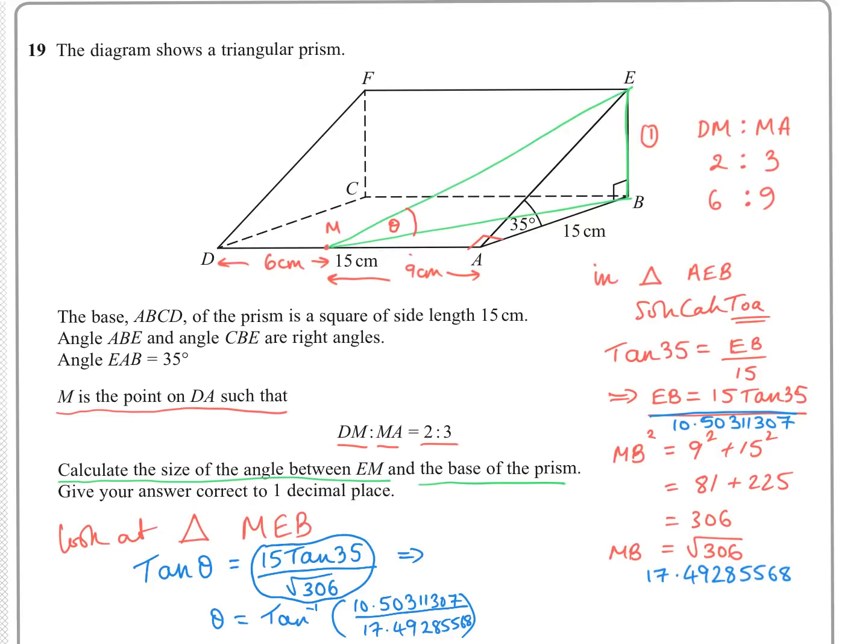I'm going to do that on my calculator. I already have the 10.503 in there, so I'm just going to divide it by 17.49285568. That gives me tan to the minus 1 of 0.6004230107. Let's create a little bit more room.